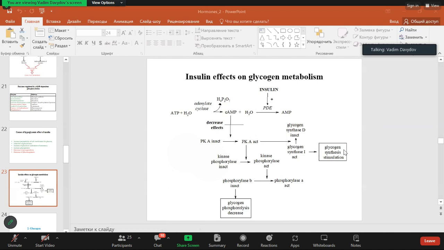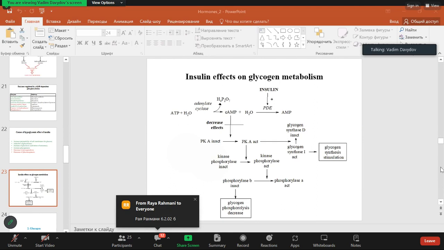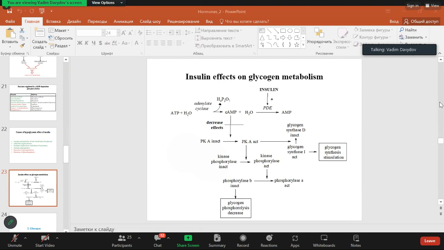So, in other words, on one side insulin brings about transport of glucose from the blood inside the cell, and inside the cell it increases the rate of glycolysis, synthesis of glycogen, and the pentose phosphate pathway, which are coupled with utilization of glucose. On the other side, insulin inhibits biosynthesis of endogenous glucose during gluconeogenesis.